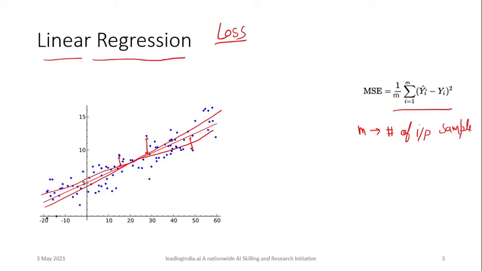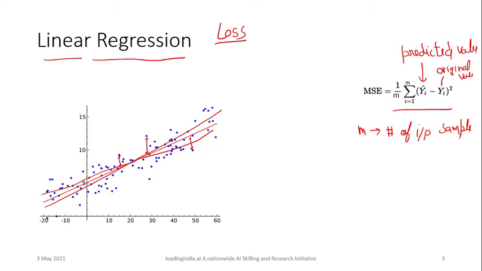Y cap i is the predicted value. And what is y? This is the ground truth, or you can say the original value, right? With the help of this formulation, we are able to compute the mean squared error.